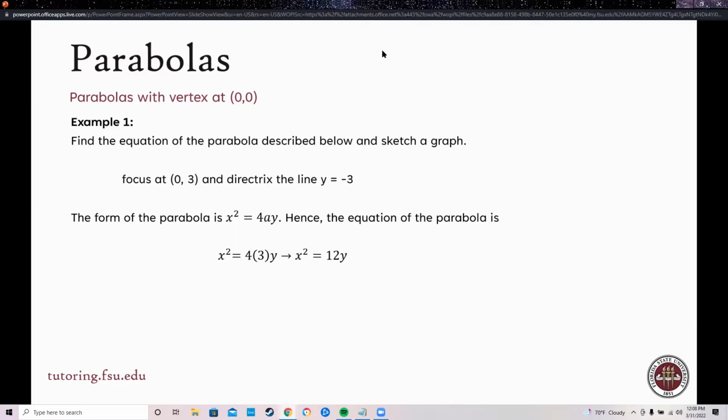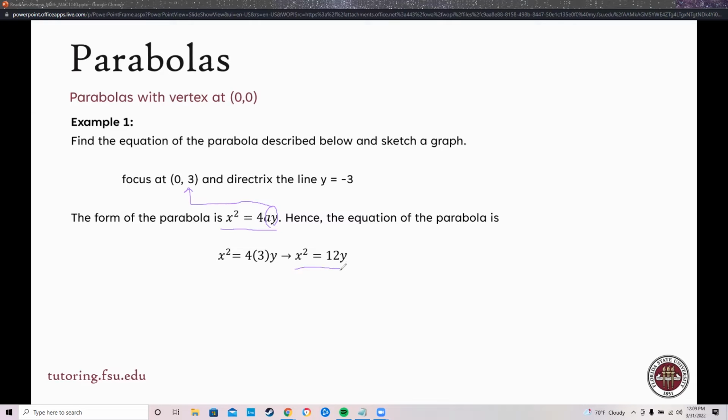They give us the focus and the directrix, the line y equals -3, in the form of the parabola given by x squared is equal to 4ay. This is the general form here. A here would be equal to 3 because that's from the focus. Y and x are just part of the equation. So really, x squared is equal to 12y is our equation for the parabola.